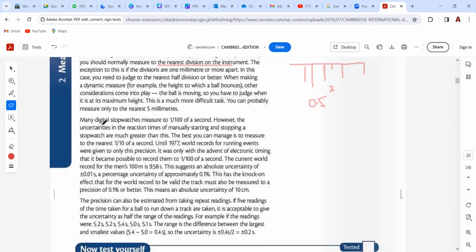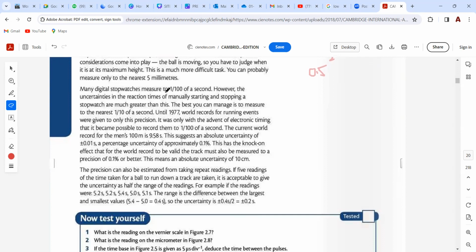अच्छा. ठीक. अब Okay. Many digital stopwatches measure to 1/100th of a second. However, the uncertainties in the reaction times of manually starting and stopping a stopwatch are much greater than this. The best you can manage is to measure to the nearest 1/10th of a second. यानी जो digital stopwatches हैं, they can measure up to 0.01 second तक भी they can give you answers.